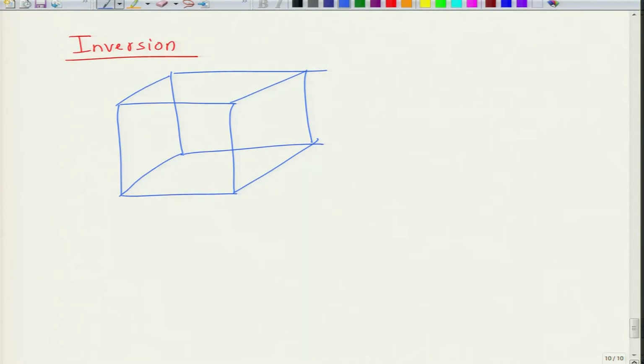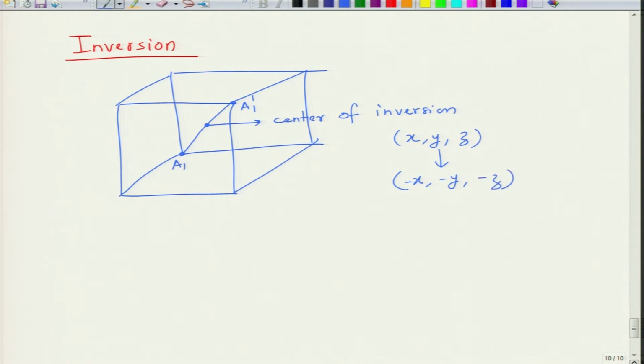For example, if it is a cube, then this point A1 can be brought into position A1 prime through a center of inversion which is located here. So basically, in general terms, anything which is at x, y, z can be brought into self coincidence at minus x, minus y, minus z, and this is called a process of inversion.